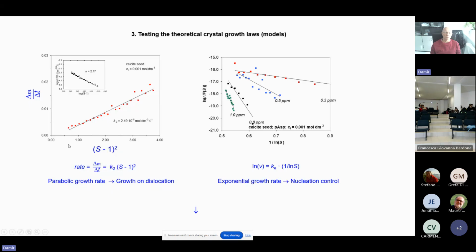So in this case, we have a rate that is proportional to the rate constant and supersaturation to the second power. And this is the end of the process of analysis. From this point, we can conclude that this is second order, and in this other case, not related with this, we find some exponential relation of growth rate with supersaturation.